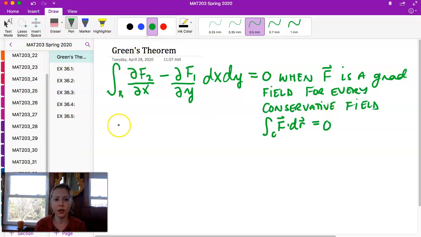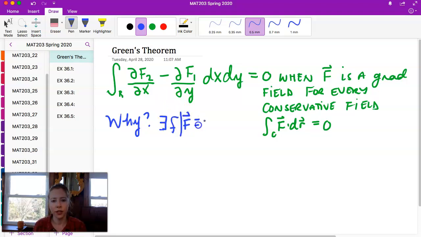So let's think a little bit about why. There exists a potential function such that the vector field is equal to the gradient of that potential function. So it's a gradient vector field.